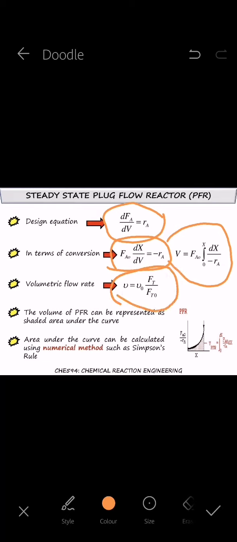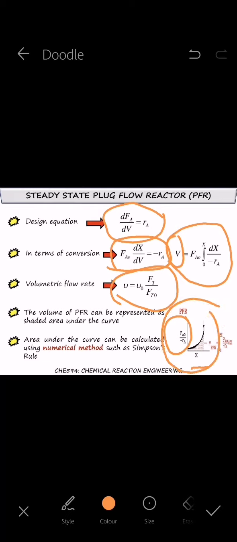Okay. Jadi untuk kira volume of PFR, semestinya kena guna graphical method. And kalau kita ada data FA naught over negative RA, kemudian ada data of X, so you plot FA naught over negative RA versus X, and you akan dapat this kind of plotting.